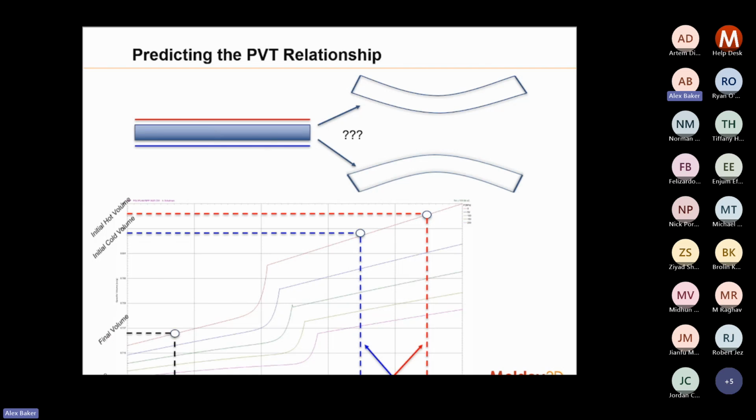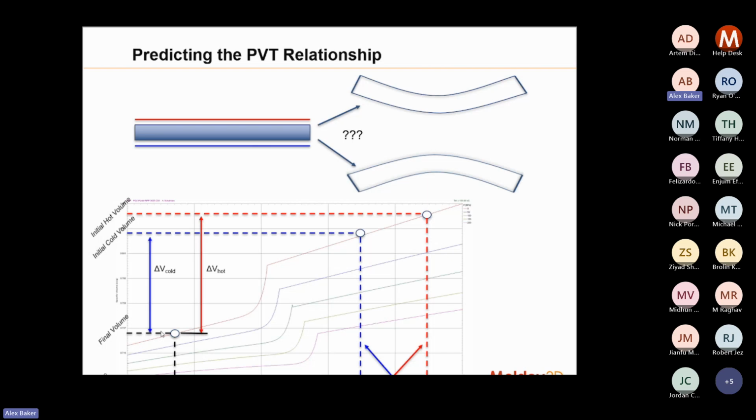I'm going to call it the eject temperature just because that's the terminology that we use in Moldex3D. However, you can think about this as room temperature, which is the most common term, and that's going to correlate to some sort of final volume.